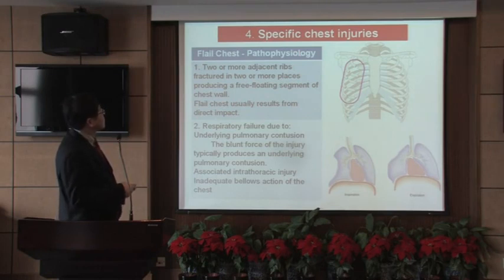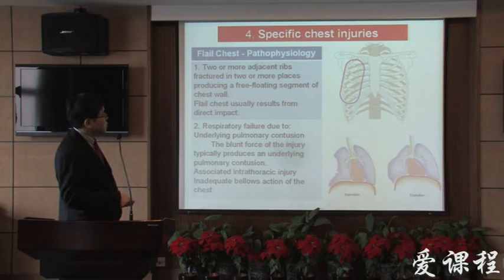What's the physiology of flail chest? We should see the 2 pictures. In normal people, when we inspire, the lung will expand. After expiration, the lungs will shrink. But in flail chest, it is the opposite on the side with the broken ribs.